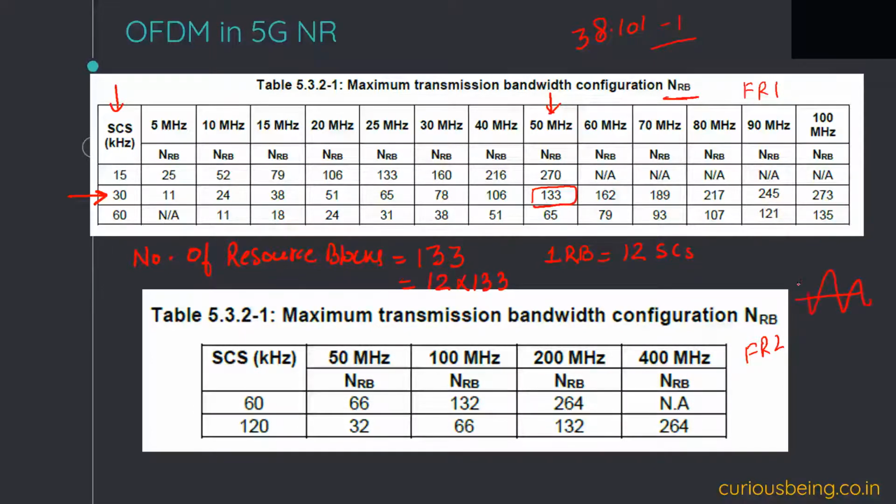There are multiple subcarriers, and we have that picture when we draw the OFDM spectrum. So this is how we can calculate the number of subcarriers for a particular bandwidth and subcarrier spacing. Similarly, we can do the same for the frequency range two, also known as millimeter wave. Any questions till here?